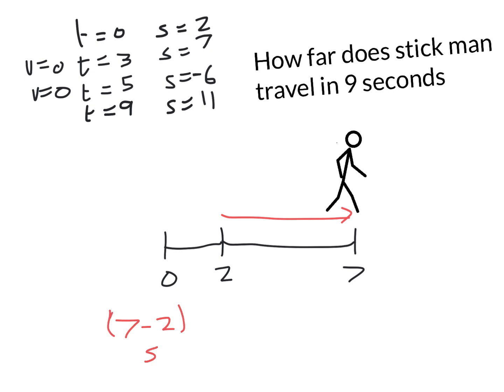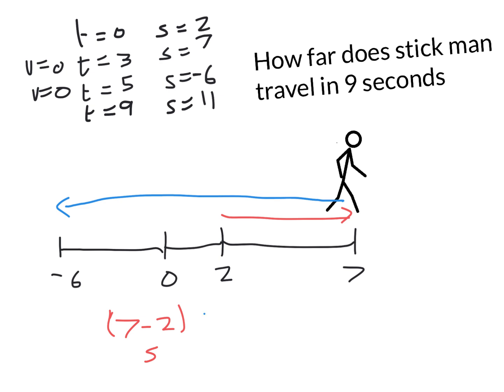Okay, what happens next? Well, he's stationary there after the 3 seconds, but then he's next stopped after 5 seconds when he's at -6. So he's way out to the left. -6. So he was here at 7. He's now at -6.